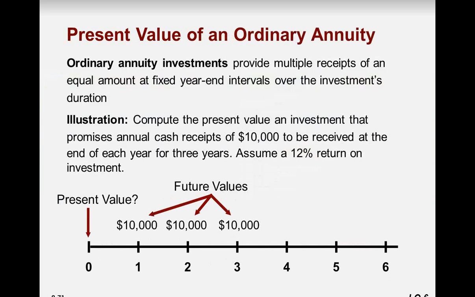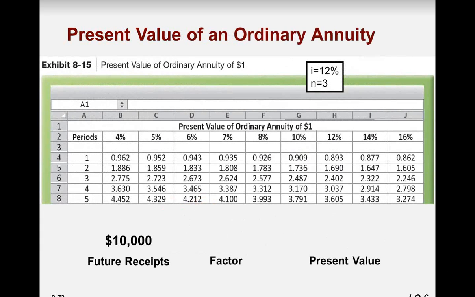So an annuity, then, I said, was a series of payments. In that case, we would be putting $10,000 in at the end of the period each year for 3 years, assuming we can get a 12% interest rate. We would be using the present value of the ordinary annuity of a dollar, 12% column, and for 3 years.